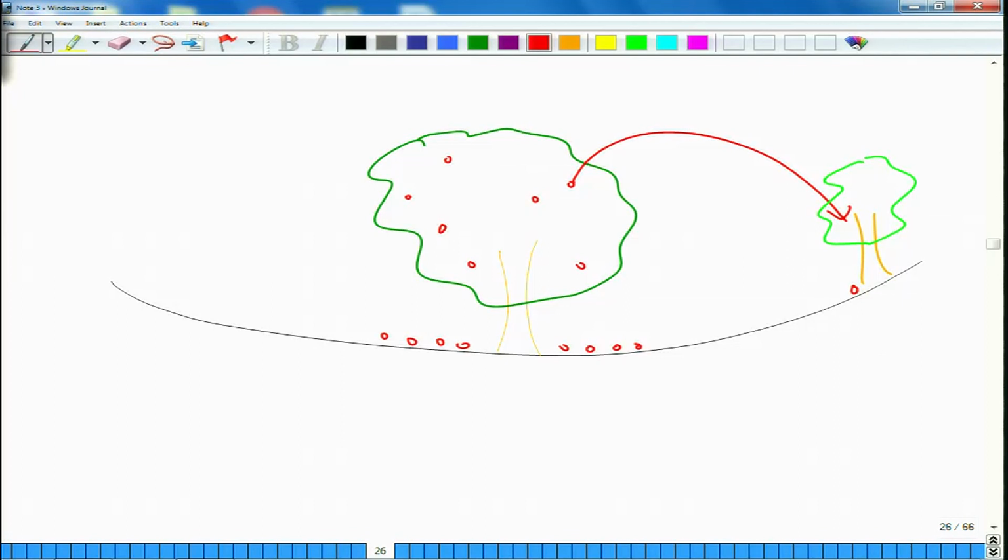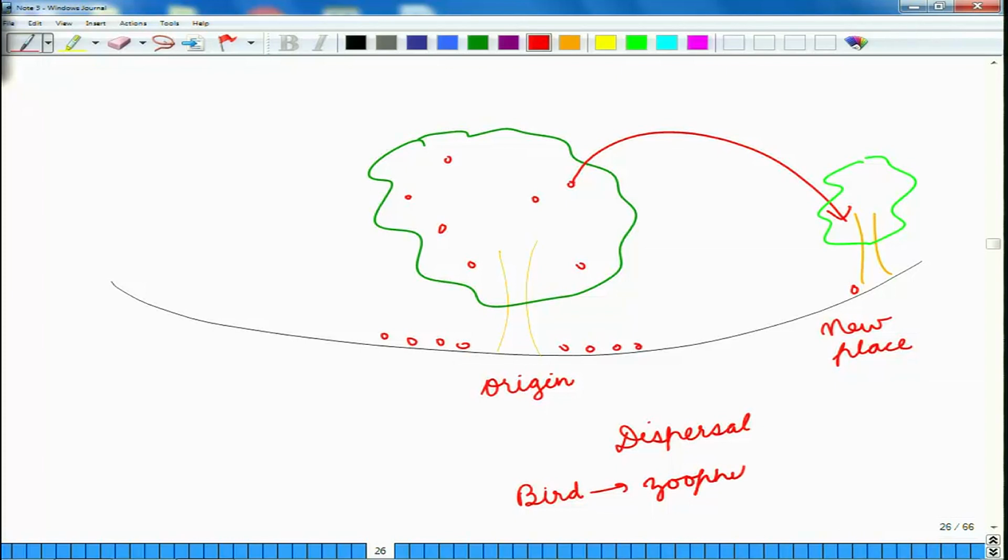Now, the movement of seeds from the place of origin, so this is the origin, to a new place would be called dispersal. Now, in this case, this dispersal is being facilitated by a bird. So, any dispersal that is facilitated by a bird goes by the name of zoophily.